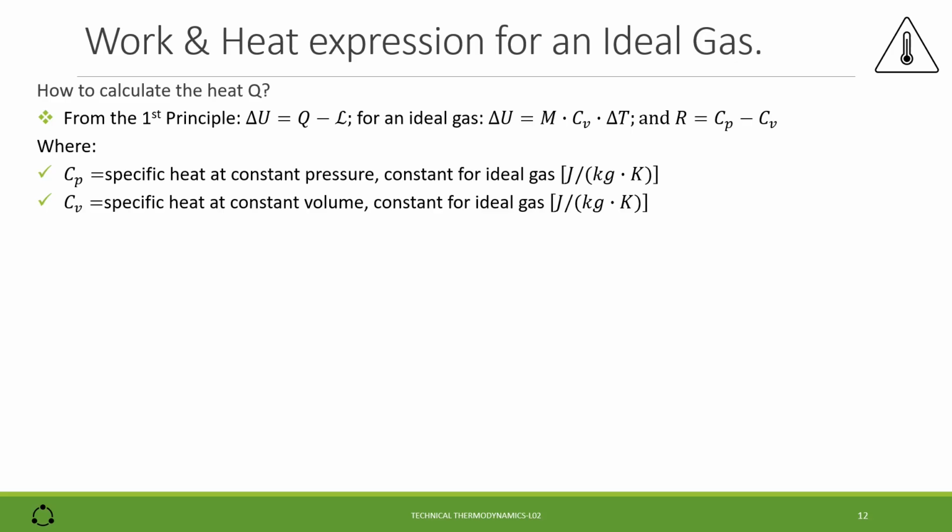Both are constant for ideal gas. And R is the specific gas constant. All the three quantities have the same unit, joule over kilogram into Kelvin.